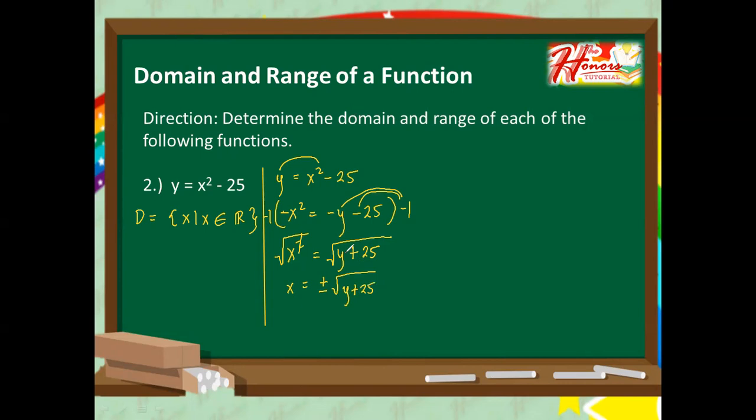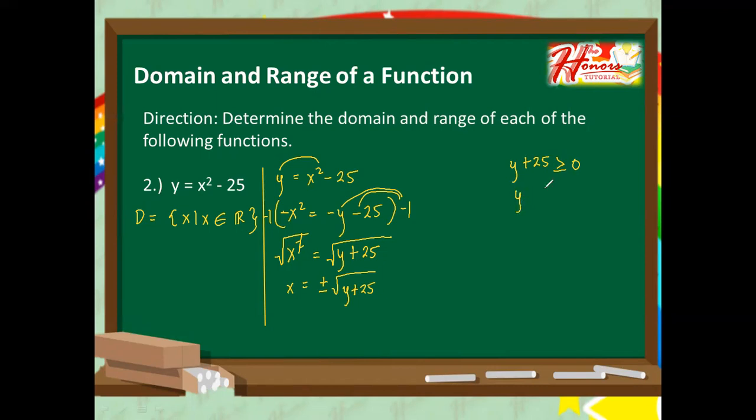We should have our restriction here. For us to get that, let's equate y plus 25, and then it will become greater than or equal to 0. Let's transpose positive 25 at the right side of the equation.